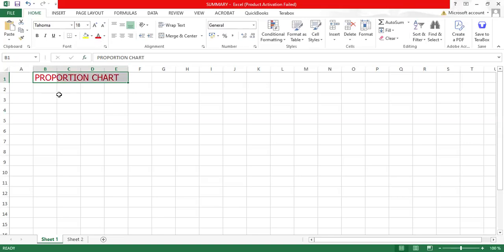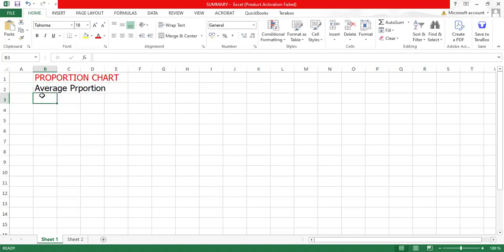So we want to see how we can make this chart, and we want to see some questions about this. Remember, for every chart you need average. So this here, you will be looking for average proportion.